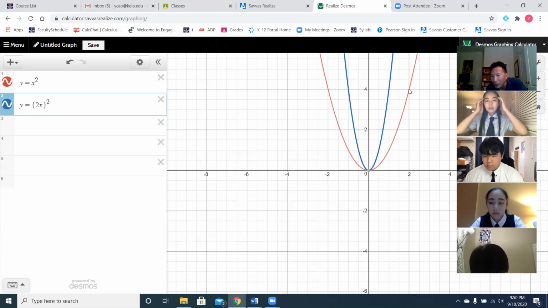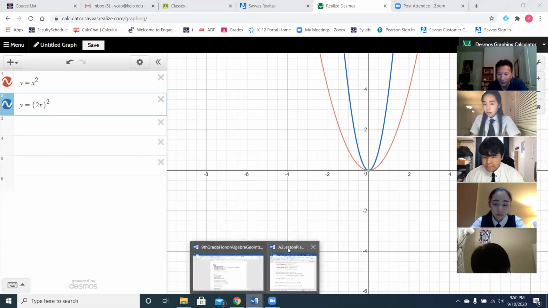Original here is 2, this one is related to 2, here is related to 1. You compress halfway. So you compress it horizontally by a factor of 2. Are we clear? You compress it horizontally by 2.